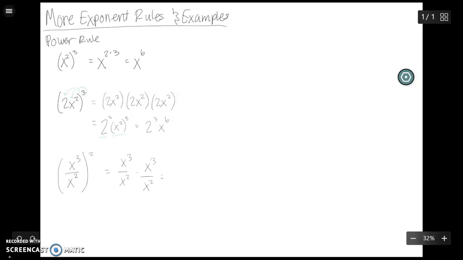Right? And that we can rewrite as x cubed times x cubed over x squared times x squared. We multiply straight across when you're multiplying fractions. So I get x to the 6th over x to the 4th, which can simplify down to x squared.